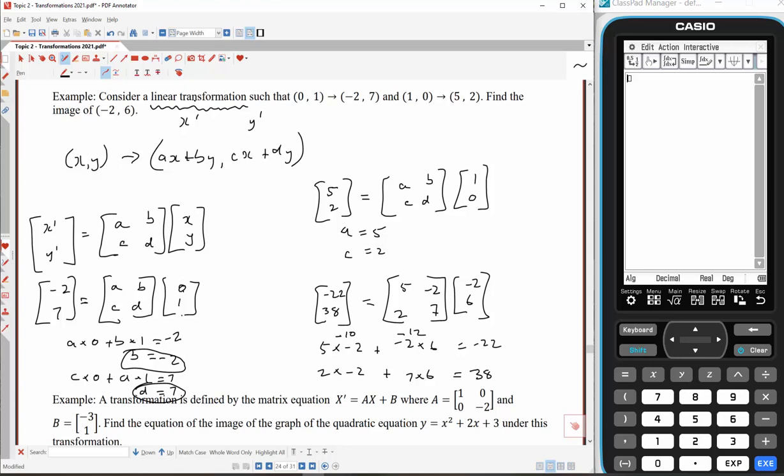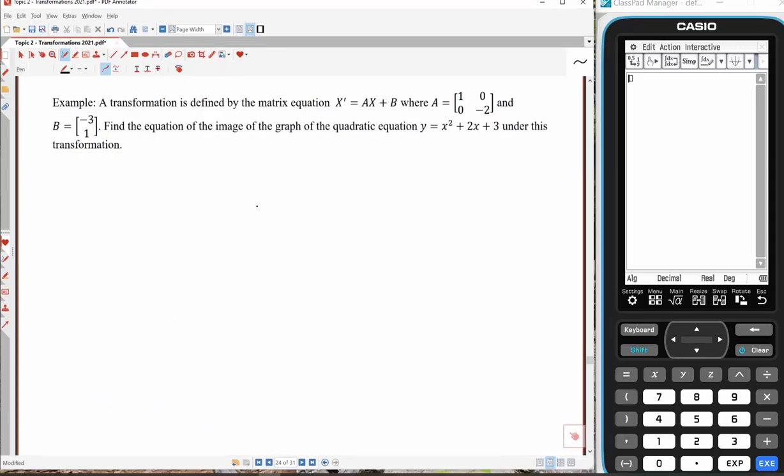Right, so the operative word to look for to use this technique, or to use only one of these 2 by 2 matrices, is a linear transformation. The transformation is defined by this matrix equation: x dash is equal to Ax plus b.